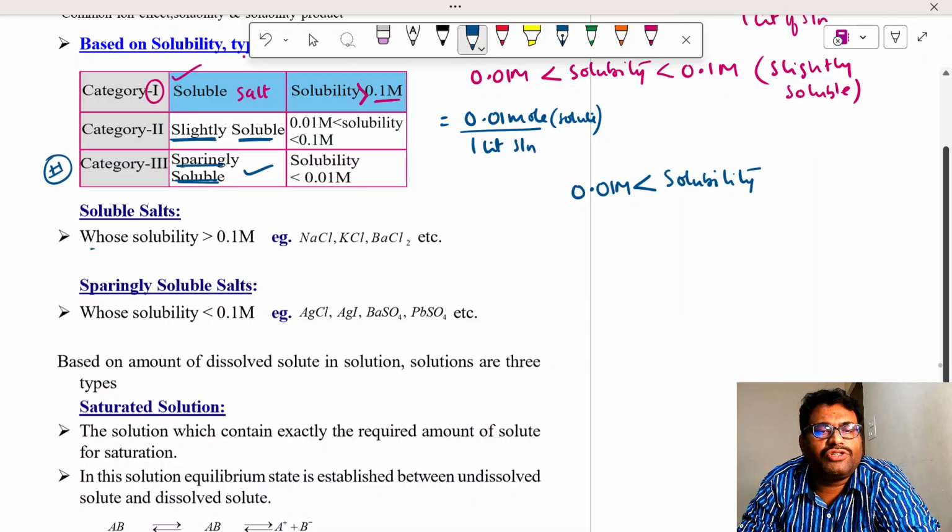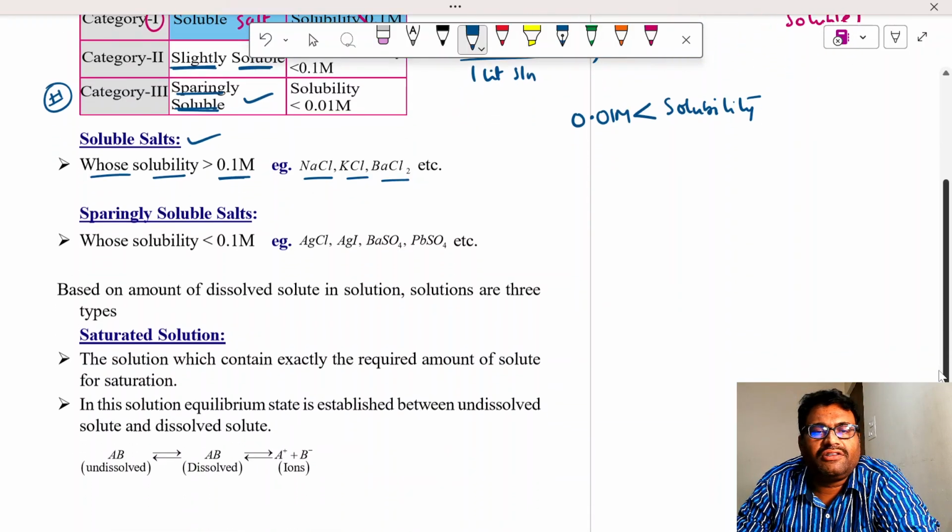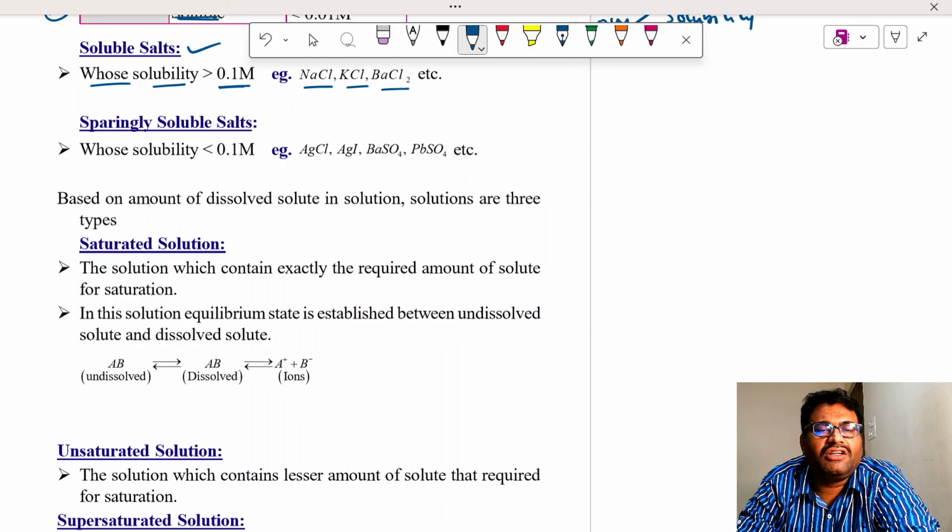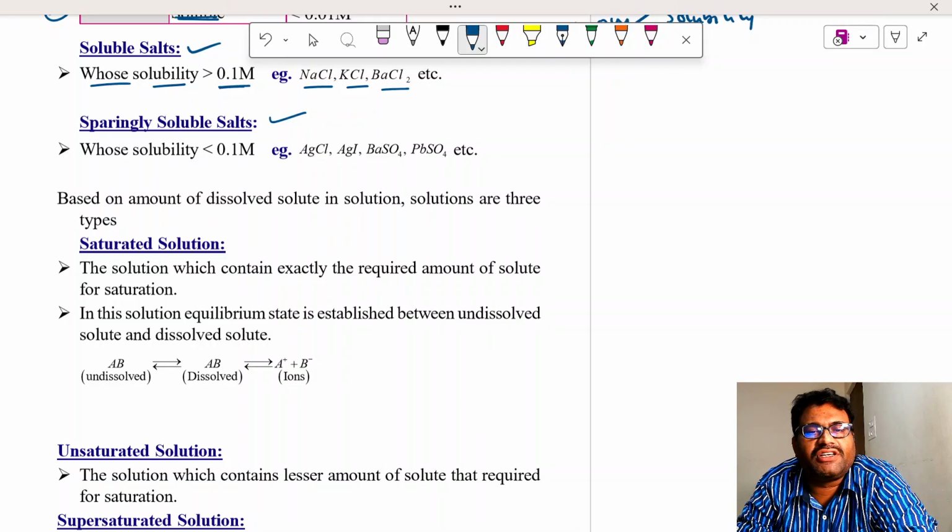Here those whose solubility is greater than 0.1 are called soluble salts. Example: NaCl, KCl, BaCl2. And we are very much bothered about sparingly soluble salts. In this chapter we discuss these.